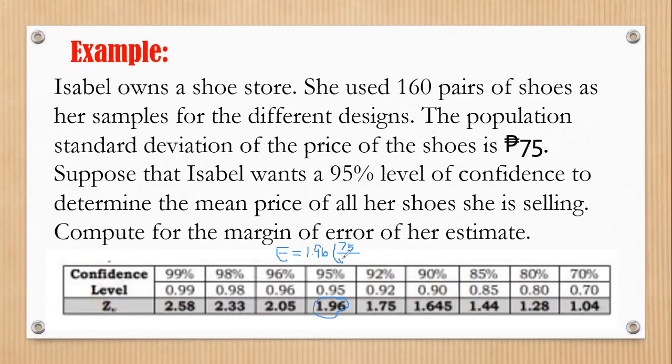Our n is 160. So square root of 160. If you compute that, the margin of error is approximately equal to 11.62. So that is how we compute for the margin of error.